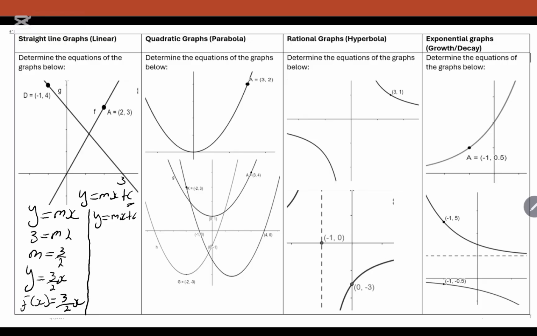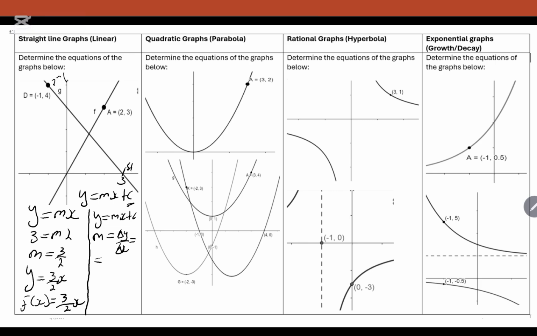So I'm simply going to start by finding the gradient. The gradient is change in y over change in x. I'm going to take this point here as my first point and that point here as my second point.